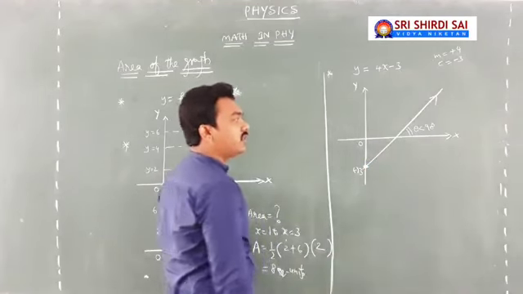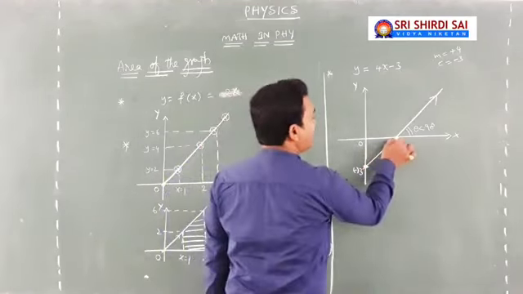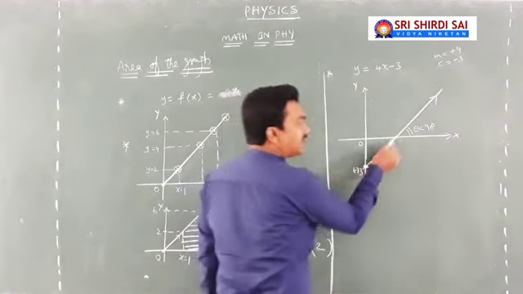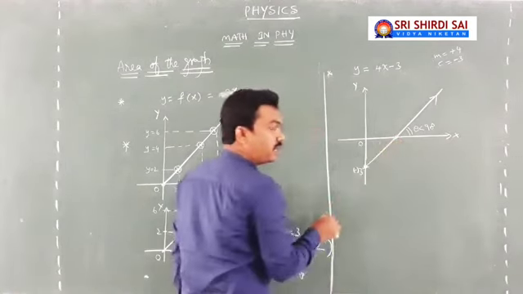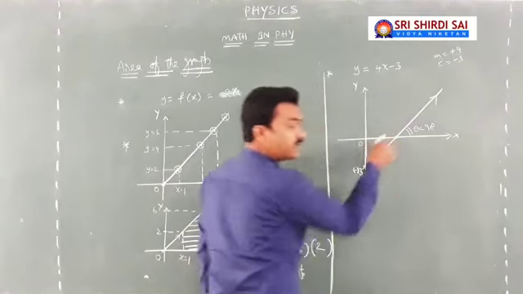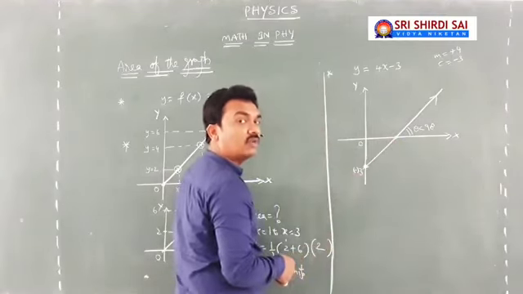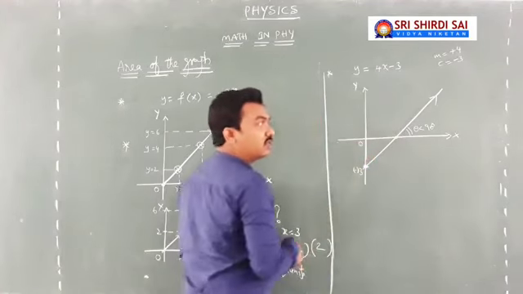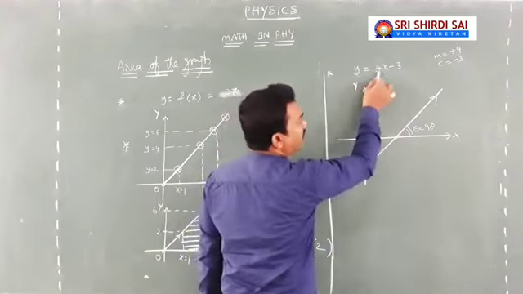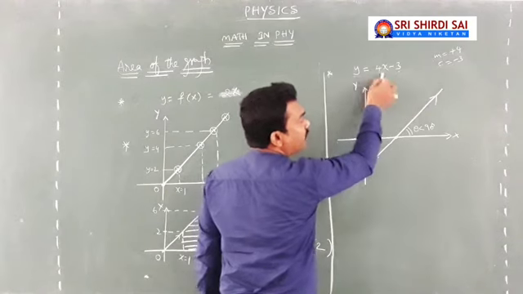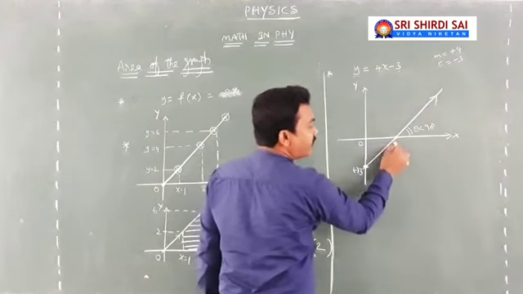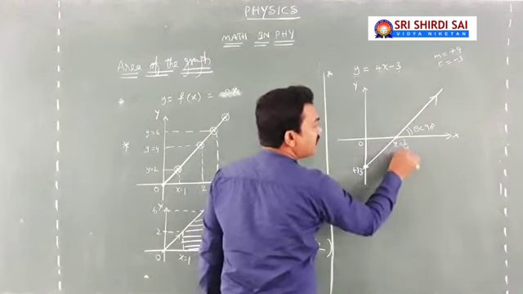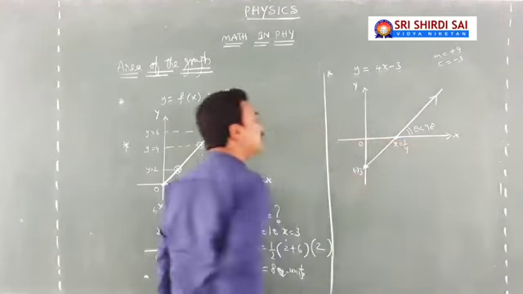But a very interesting thing, if you wish to know the x-intercept, you can. Because at the x-intercept, can you tell me? At the x-intercept, y equal to 0. On the x-axis, y equal to 0, you have learned. So if you put y equal to 0 in y equal to 4x minus 3, 4x equal to 3, x equal to 3 by 4. So your x-intercept is 3 by 4 here.